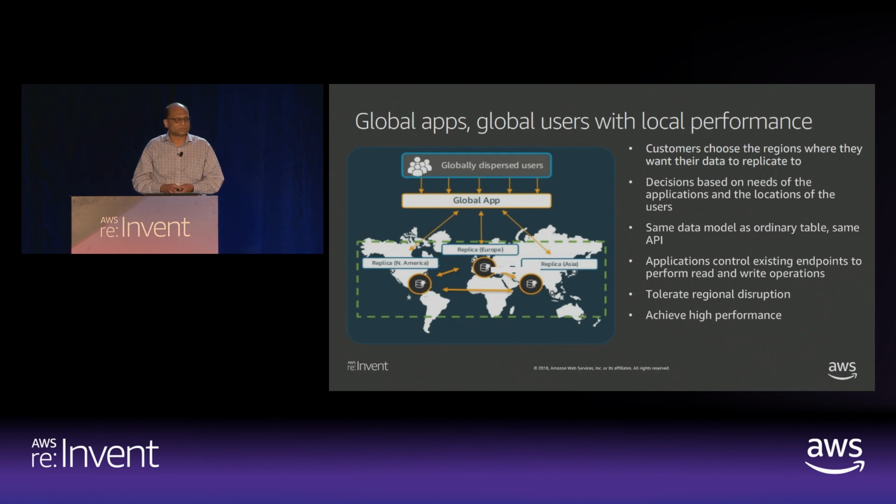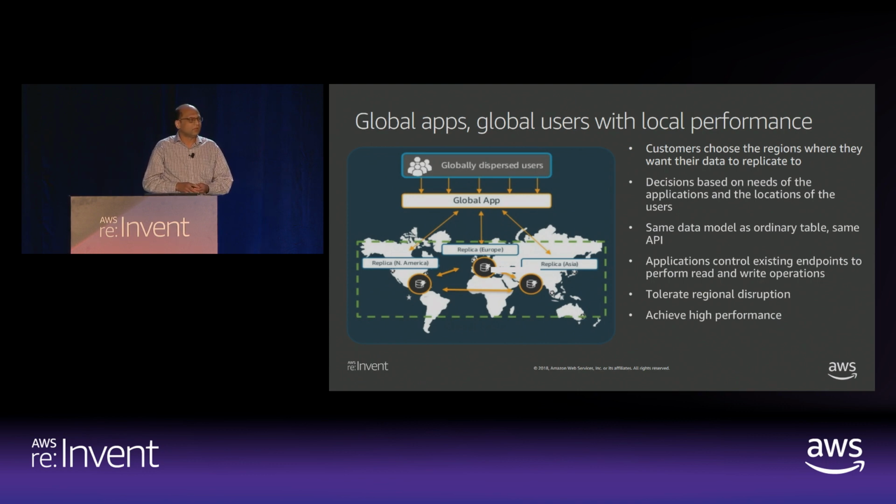Customers make that choice based on the needs of their applications and the locations of their end users. A global table looks just like a DynamoDB table with the same data model and the same API.